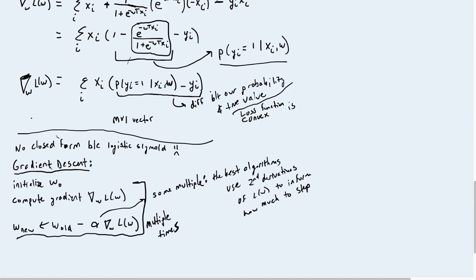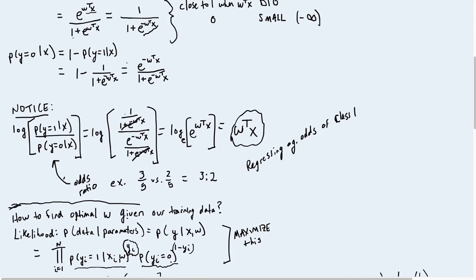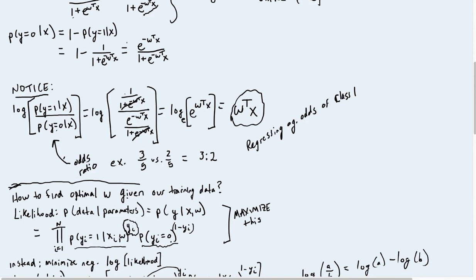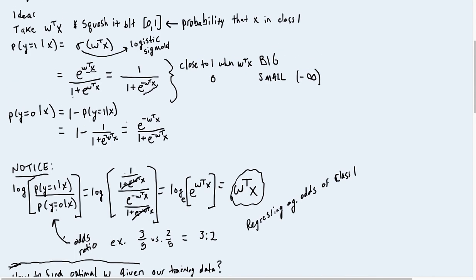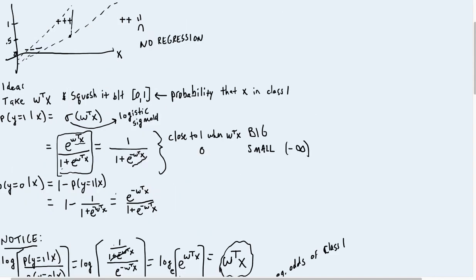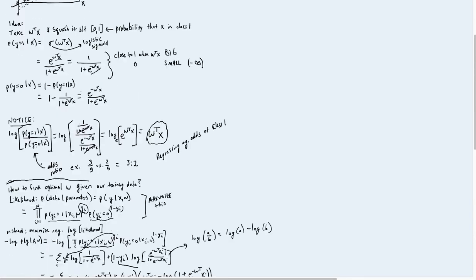So in conclusion, we have logistic regression, where we have a method for predicting the probability that y equals 1 given x. We just take w transpose x and put that through a sigmoid squashing function. And just a quick word on the sigmoid squashing function, actually. Sorry about that.